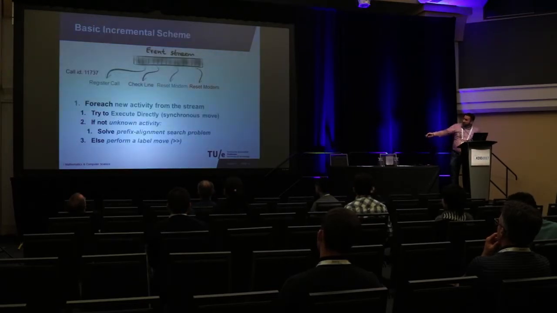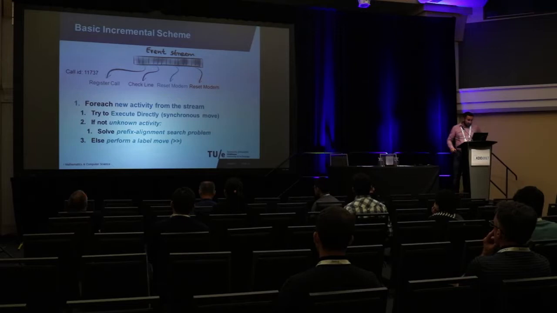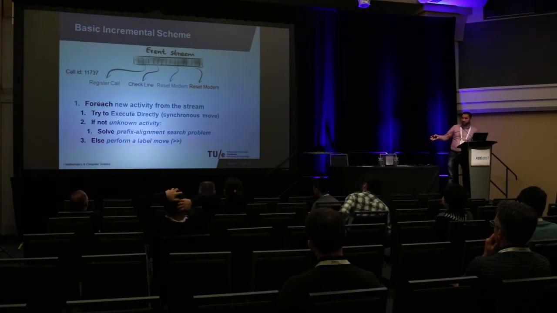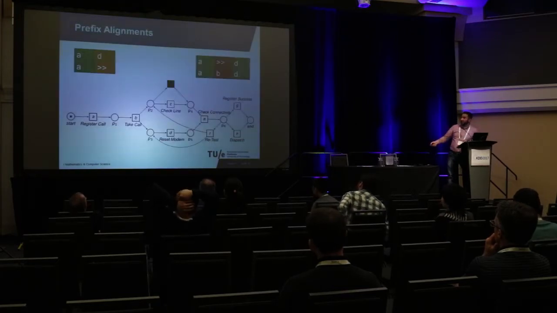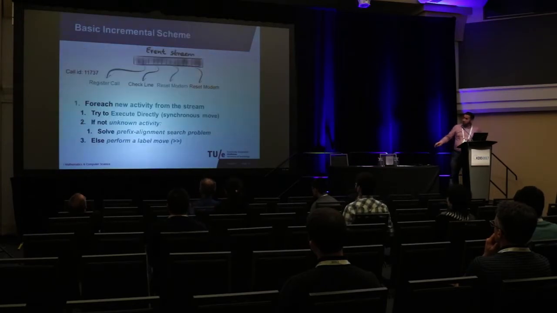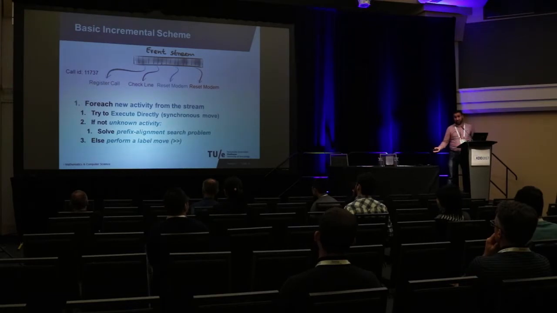But if we were unable to do a synchronous move, then we check whether the activity is an unknown activity. If the activity is available in the process model but cannot be executed directly, like D here, then we perform a prefix alignment search problem. Here we have used, again, A* as a representative for a shortest path problem.